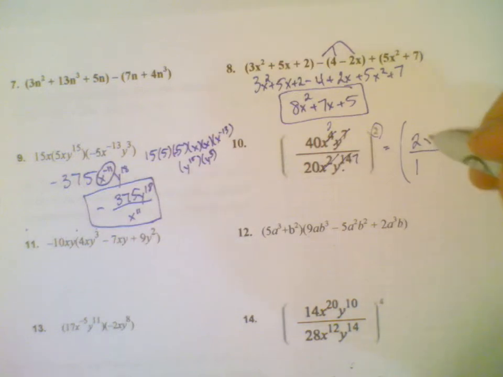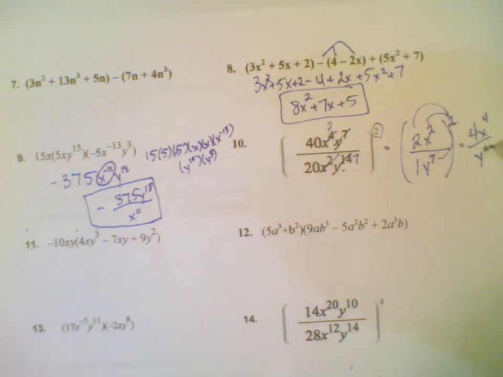So I'd have 2x squared over y to the 7th, and then I had that exponent of 2 on the outside. Then I just square everything. So I distribute my exponent to everything. Alright, so 2 squared is 4, x squared is x to the 4th, y to the 7th squared, so you multiply exponents, that's y to the 14th. That is your solution.